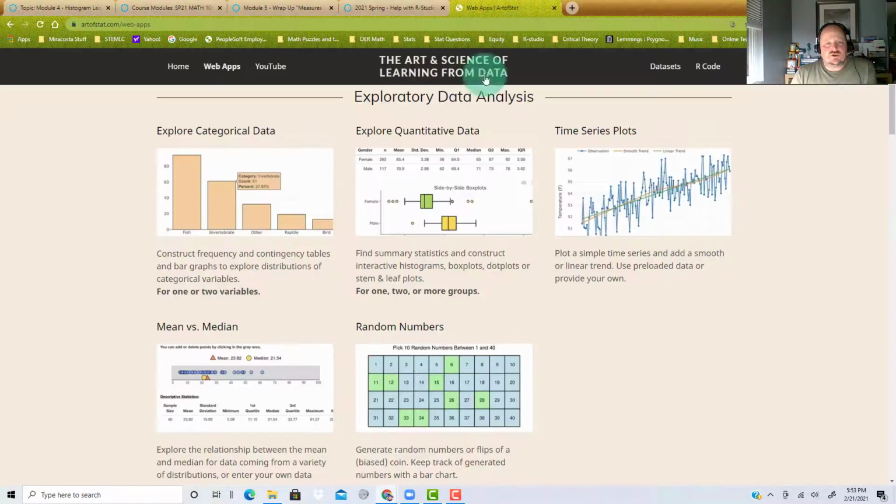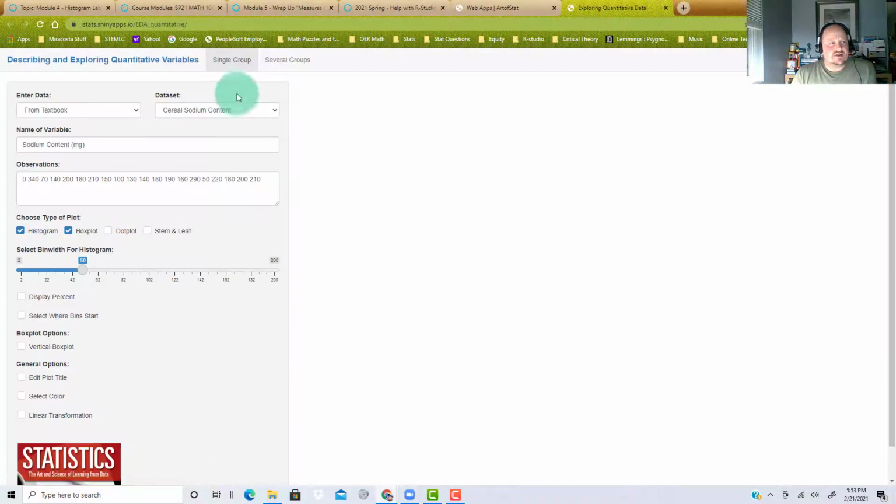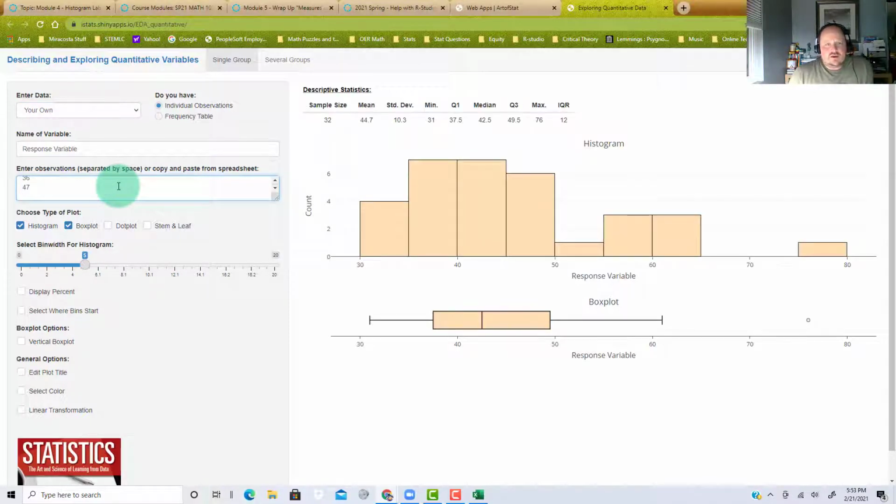I thought it would be good to jump back and do a little bit with this quantitative data. We did an example earlier that involved actors and their ages when they won the Academy Award. This gave us a nice little histogram. If you take a look at the top, you'll notice that it calculates the median for us, and the median here is 42.5.